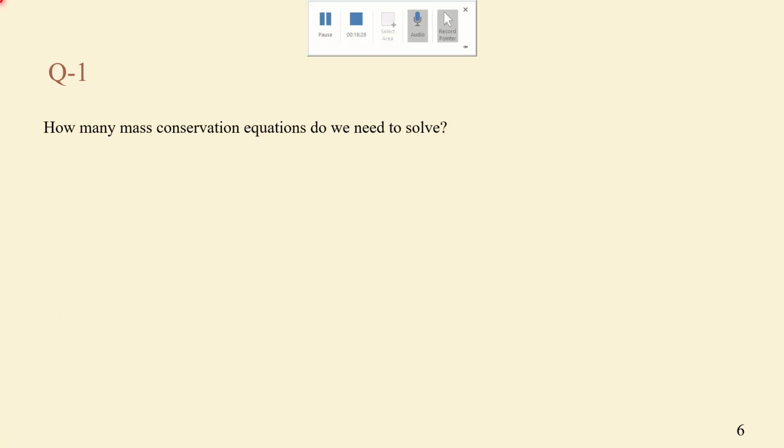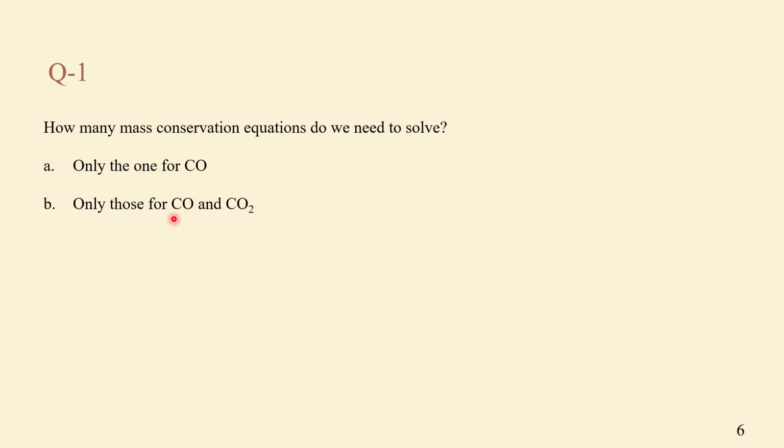In question 1, it is asked: how many mass conservation equations do we need to solve? Option A, only one for carbon monoxide. Option B, only those for carbon monoxide and carbon dioxide. Option C, any 3 species conservation equations and the mixture continuity equation.